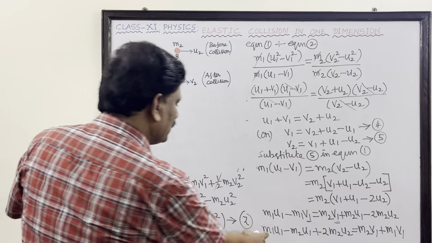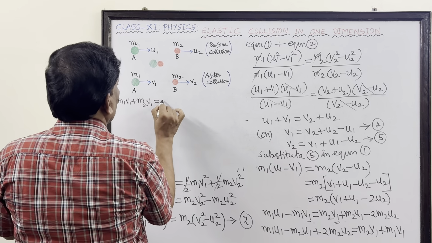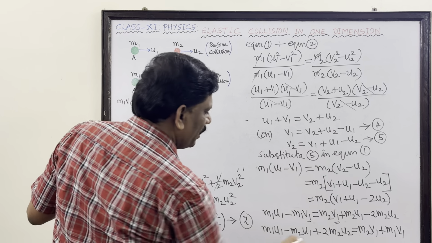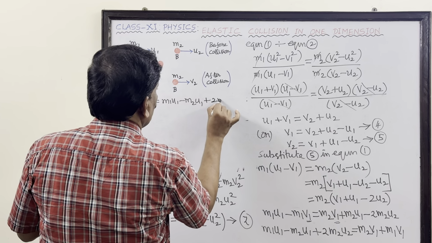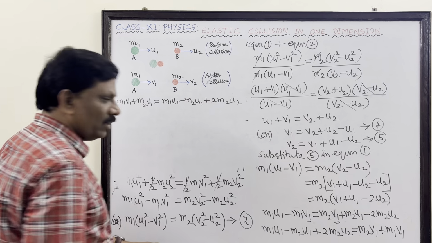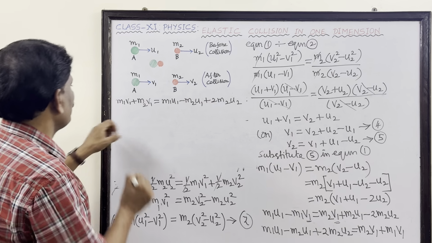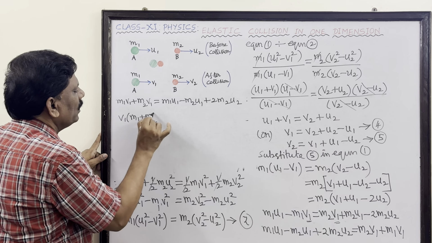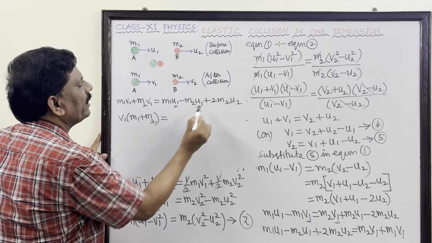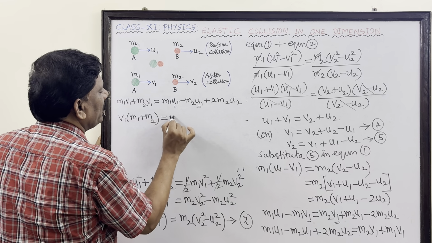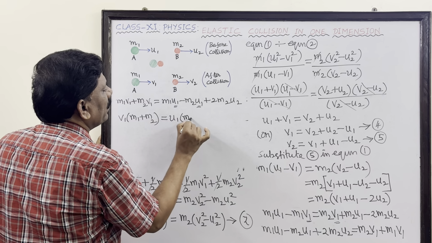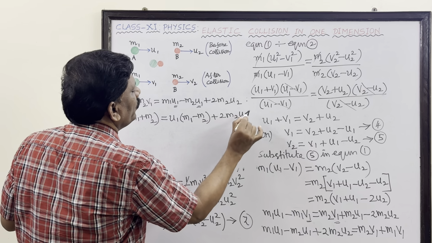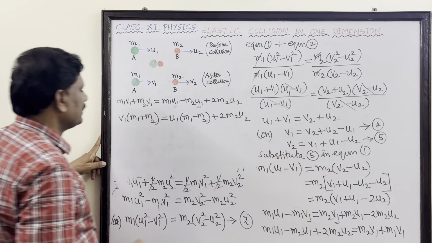On the right hand side, the terms are m1 u1 minus m2 u1 plus 2 m2 u2. Now on the left hand side v1 is a common factor, so v1 into m1 plus m2 is equal to u1 into m1 minus m2 plus 2 m2 u2.